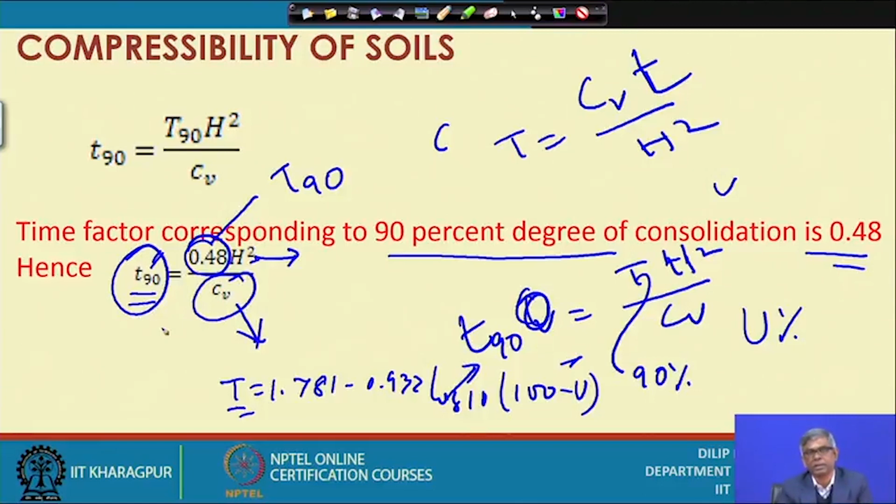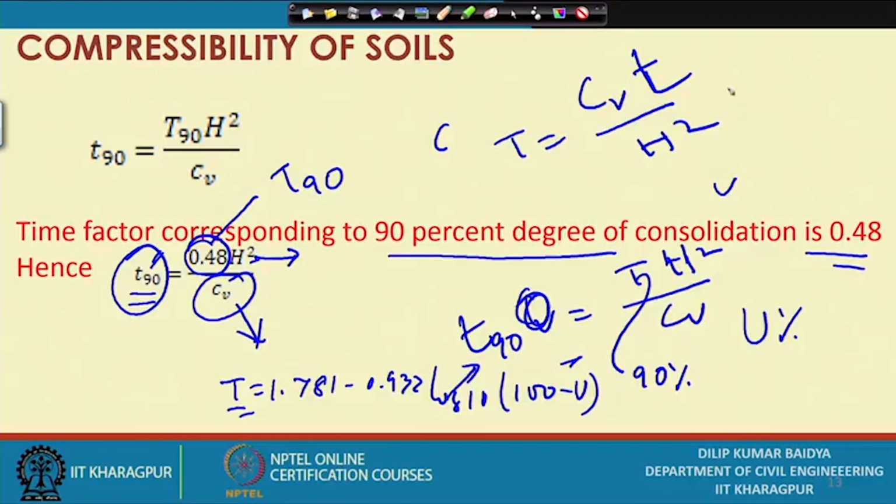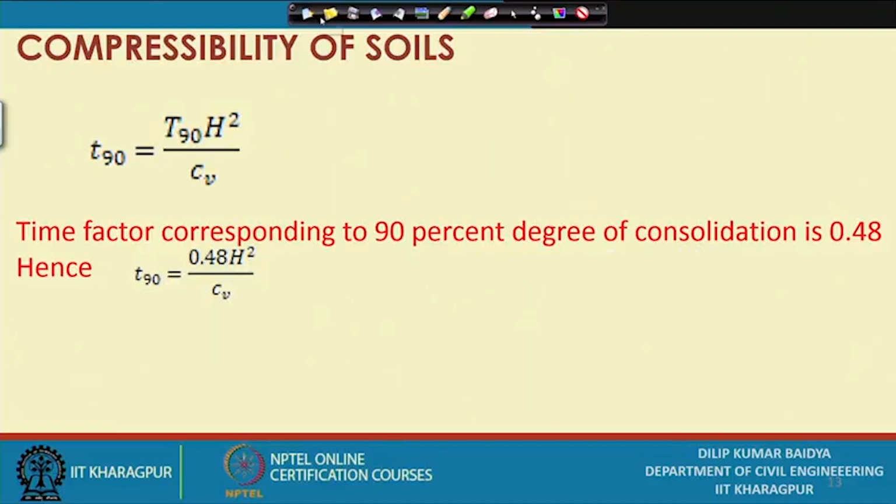So, this is one way, that is called root time method. Determination of CV value from the consolidation test, there are a number of methods. This is called root time method. That means, I can show you the previous slide.